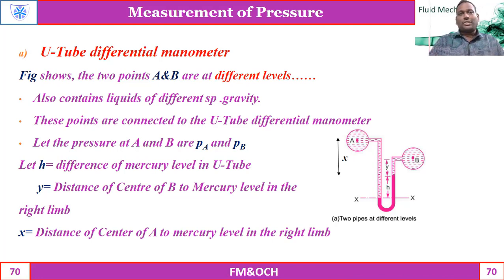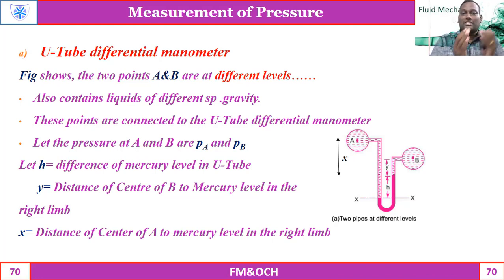A figure is shown here where two points, or maybe two pipelines, are at different levels. They contain different liquids, and these points are connected to the U-tube differential manometer. Let the pressure at A and at B be PA and PB.